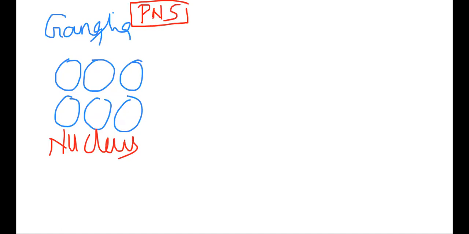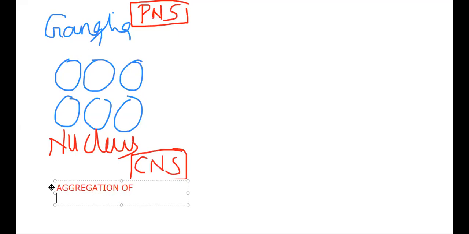If any aggregation of cell bodies is present in the PNS, we call it ganglia. In the case of the CNS, we say nucleus. We use this word nucleus in the text. Let me write. What is ganglia? An aggregation of cell bodies is called ganglia or nucleus.